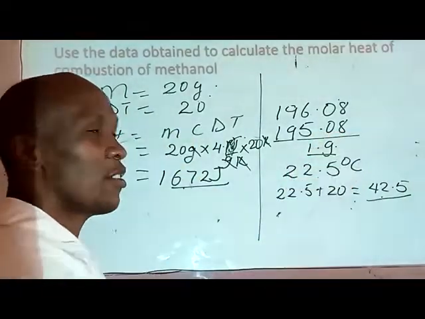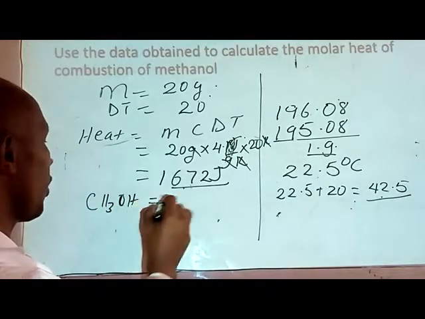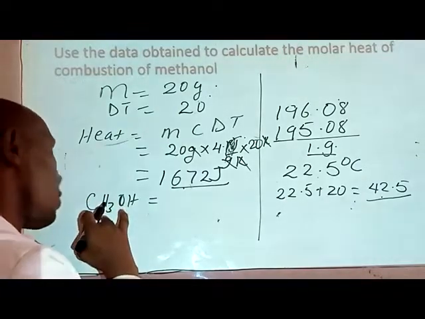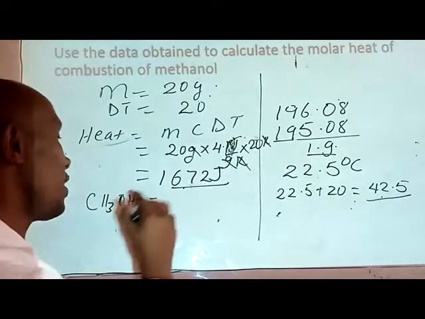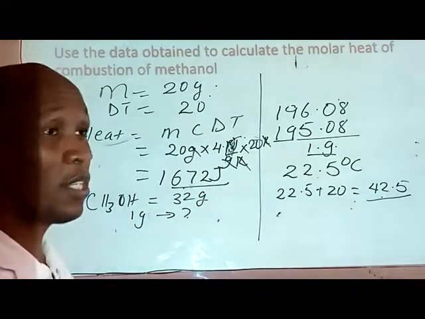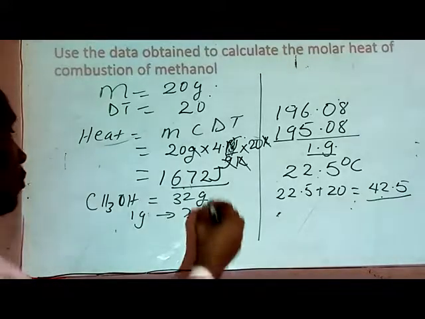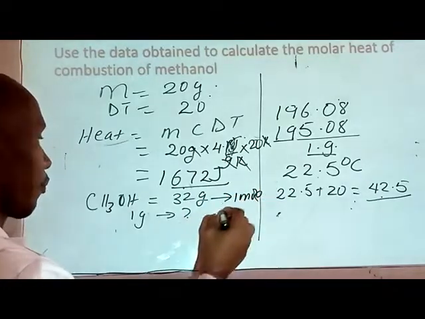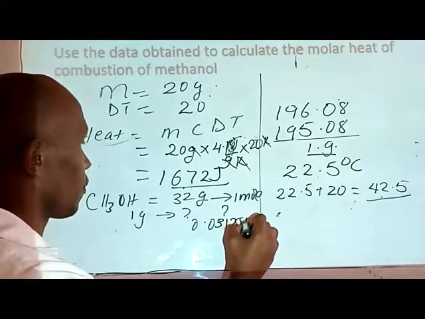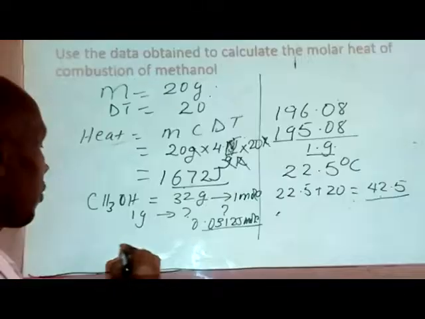Now the next thing, get the amount of methanol that is reacting. It's 1 gram. I can convert that to moles. Methanol, CH3OH. The mass is 12 plus 4, 16 plus 16, 32. 32 grams for 1 mole. So 1 gram is how many moles? 0.03125 moles is what is producing this amount of energy.